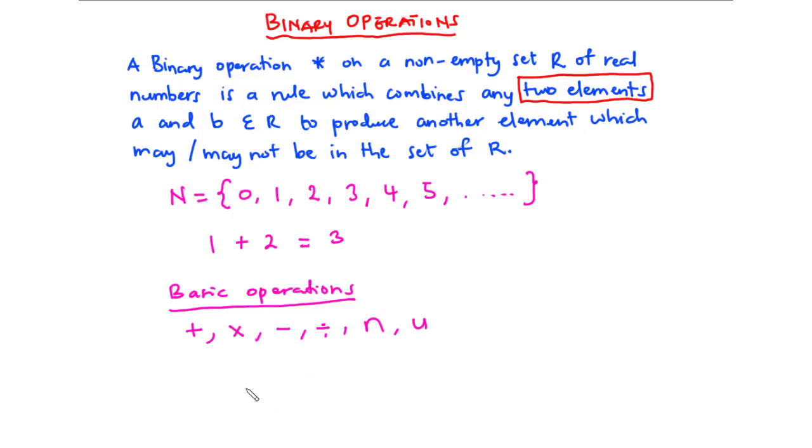And then again, let's look at some symbols that can be used to represent binary operations. So we can have the star, delta, and so on and so forth. So these are some of the symbols that can be used to represent binary operations.